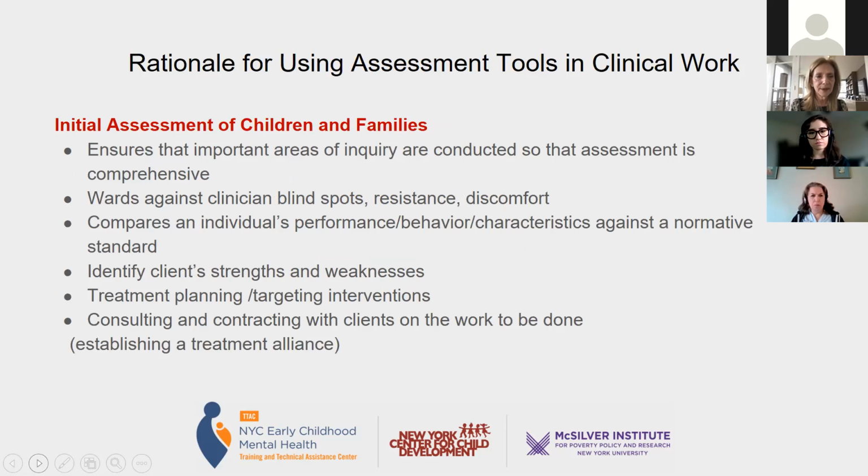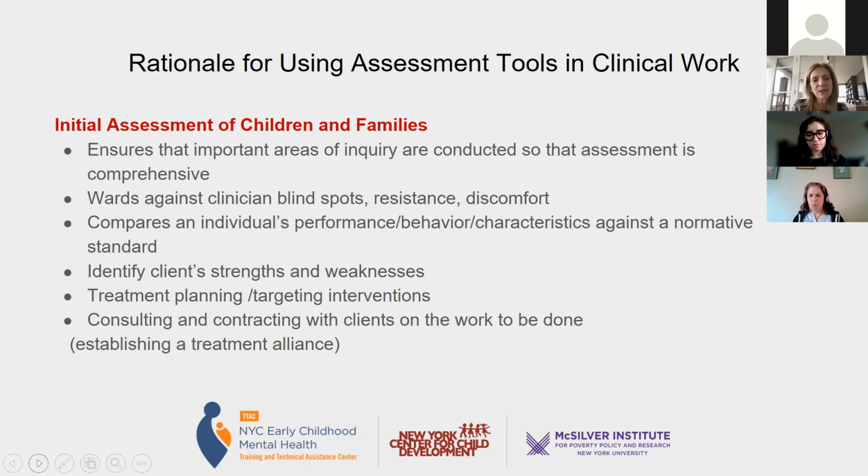Well, thank you. So, the rationale for using assessment tools at the beginning of work with families. It ensures, first of all, that important areas of inquiry are covered so that assessment is comprehensive. I've kind of learned this. You may think that you learn about a family and people's behavior and emotional status through talking with them, and often we do.